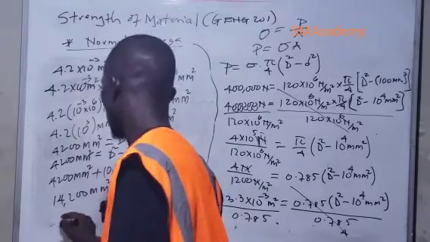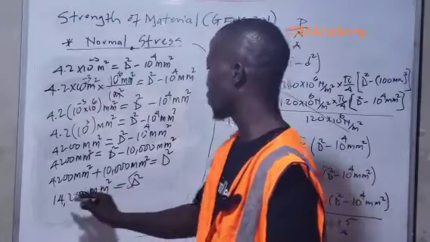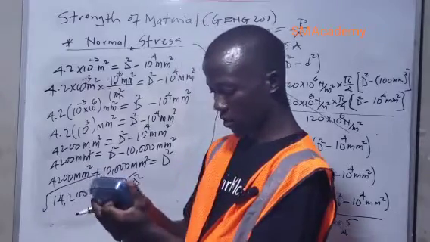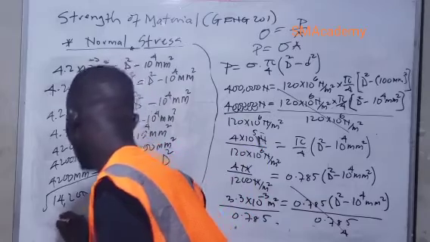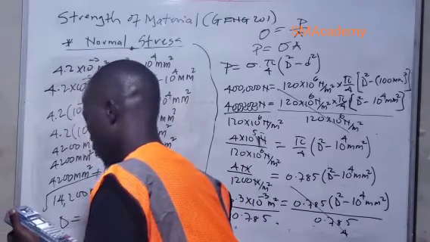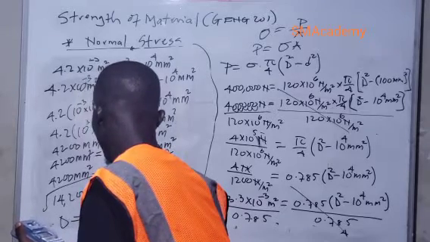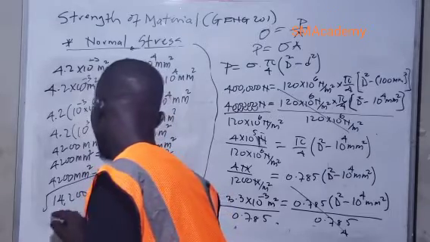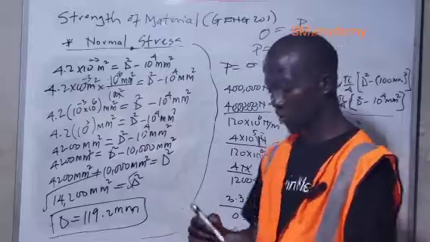Call it d square. But we want the diameter. So to take square root of both sides, this gives us 119. So we get D is equal to 119.2 millimeter. So the outer diameter now becomes 119.2 millimeter.